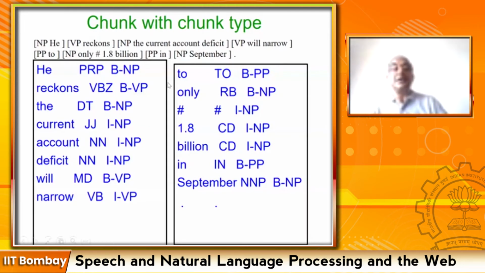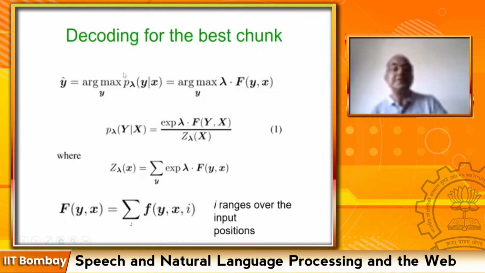Now, the decoding or the mathematics is as follows. We have to do an argmax computation on the probability of Y given X, the probability of output given the input. Now, the modeling here is to be noted. The modeling is in terms of an exponential distribution, not in terms of multinomial distribution, which allows me to compute the probability by means of ratios.